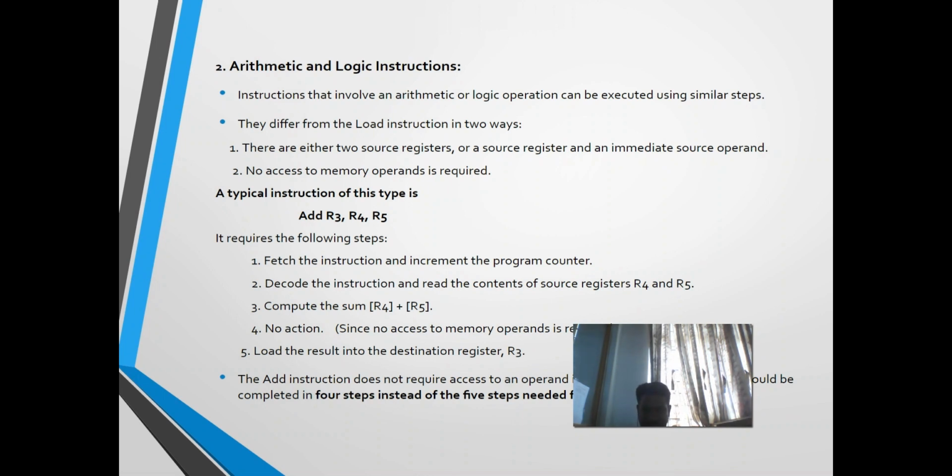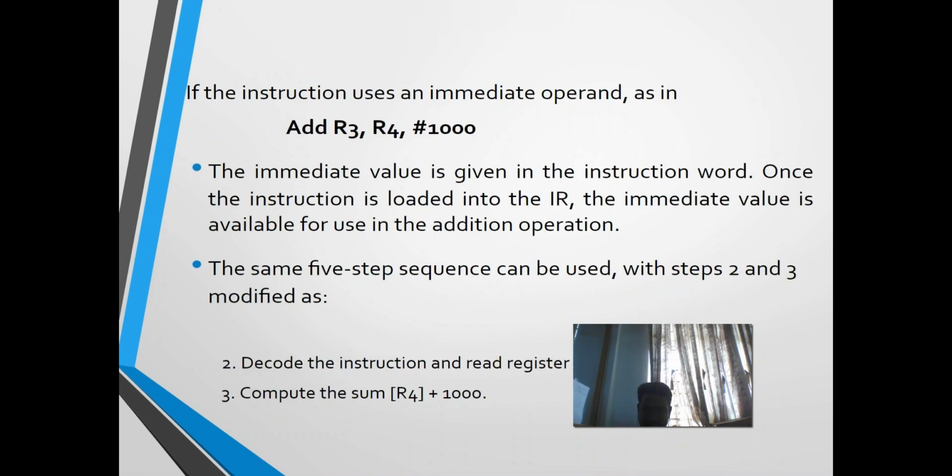In the fifth step, the added value will be stored in the destination register R3, which is located in the register file. So no memory access is involved here, unlike the load instruction.